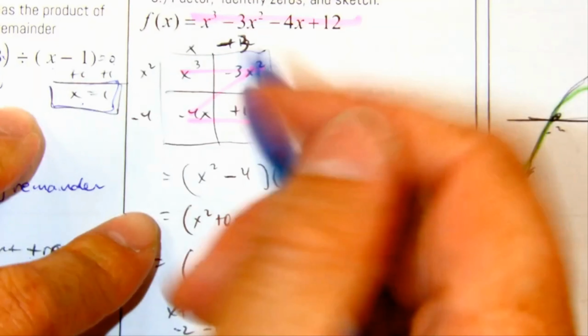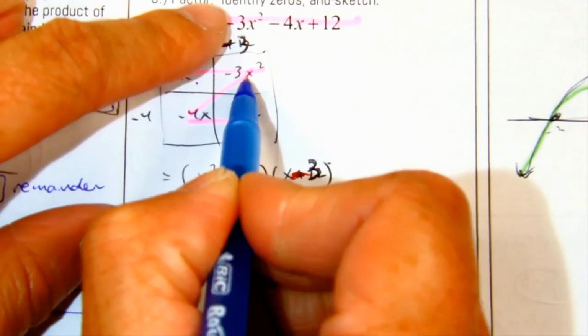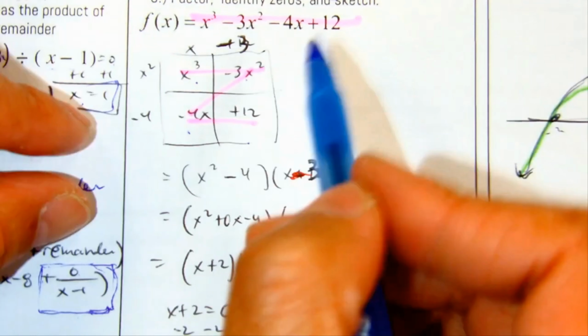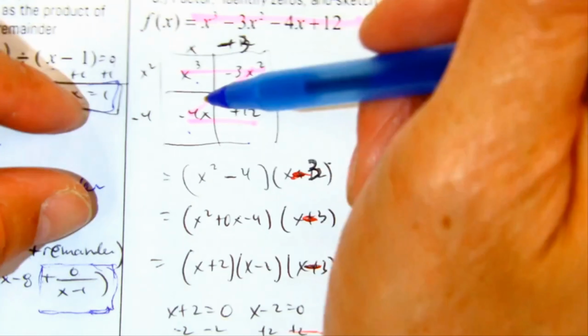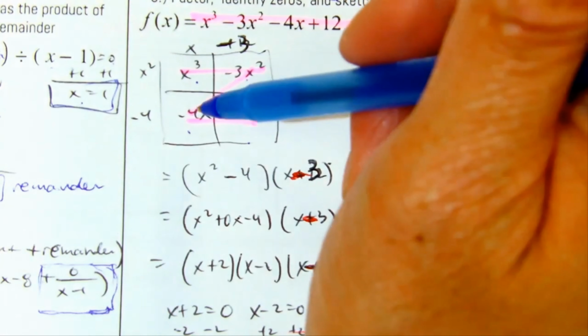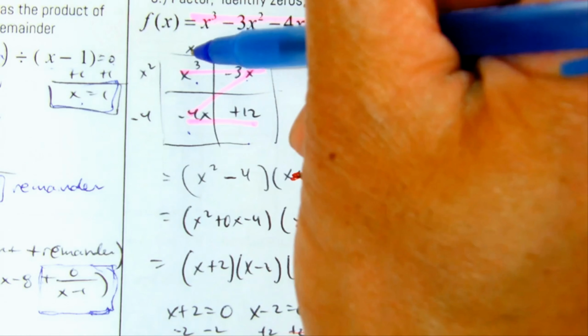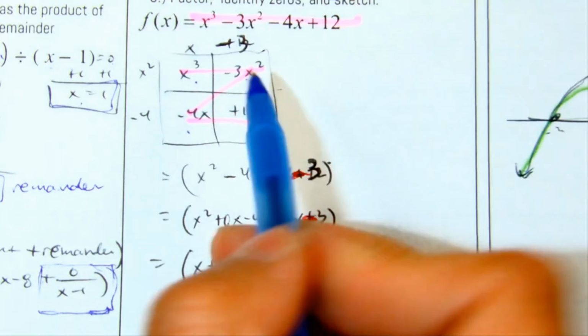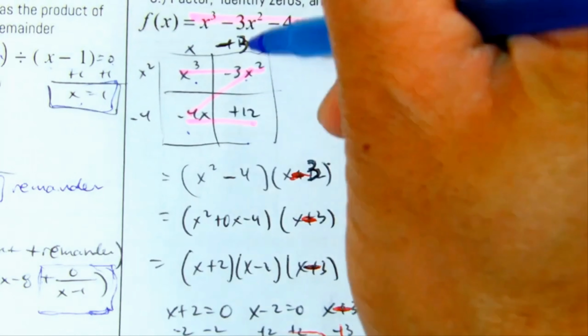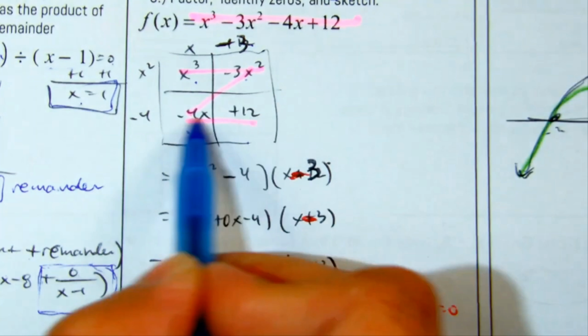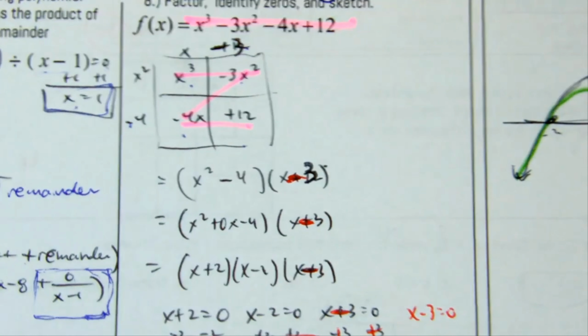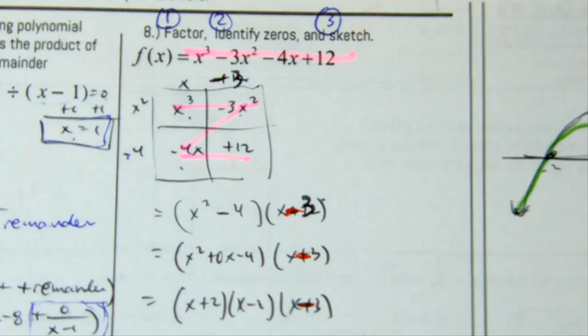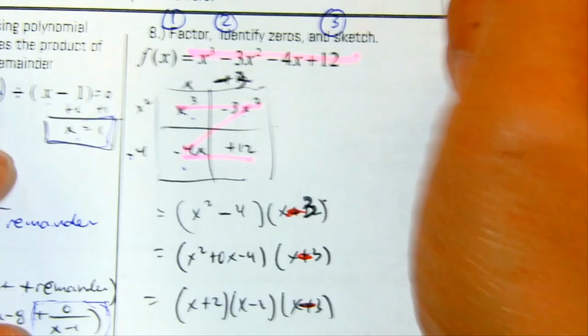X cubed minus 3x squared minus 4x plus 12. And then I'm just going to pull out the greatest common factor. So this one has an x squared, this one is a -3, and this one's a -4. And this is what I know students were not doing. Everyone say multiply. You can multiply to check your answer.